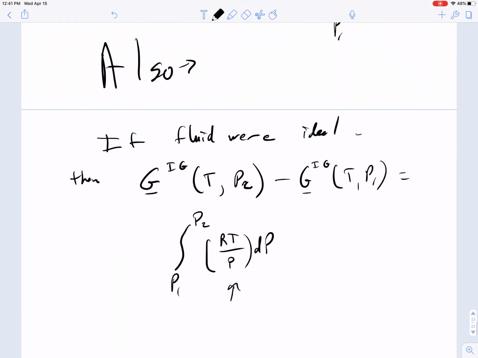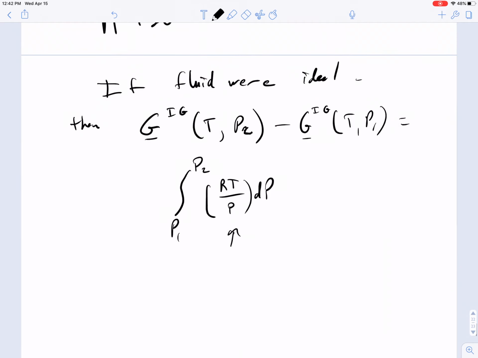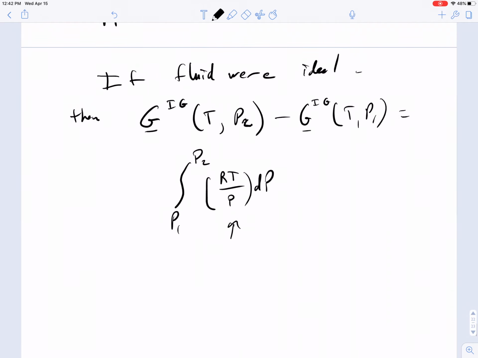So, how do we get to fugacity? How does this help us? Why are we talking about ideal gas? Well, in all of these different fluids, with a high enough temperature and in certain regimes, there's ideal gas behavior, and we can use this to specify roughly where we are relative to an ideal gas.